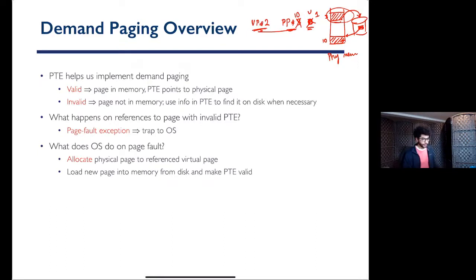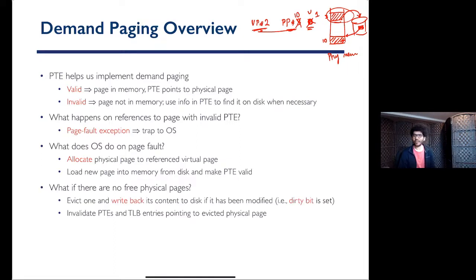Okay, so in cases where the operating system is doing paging, it's going to allocate some physical page to you, then load that page from the permanent storage into your memory, and then set your page table entry to valid, as we discussed.